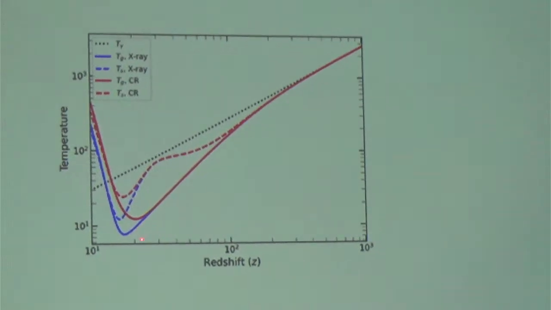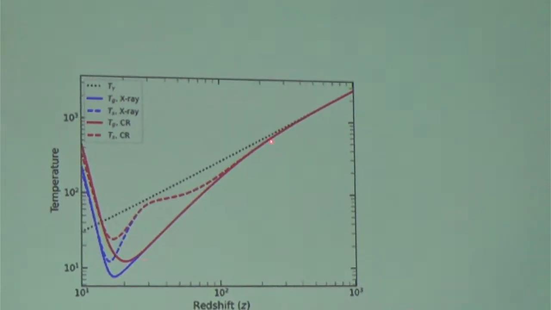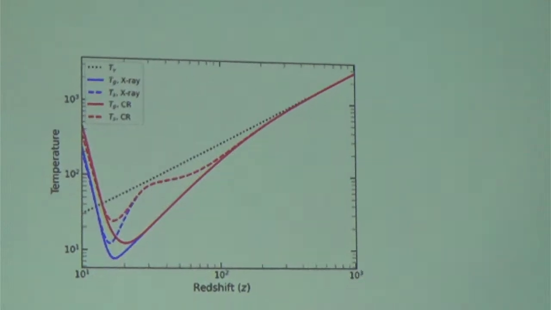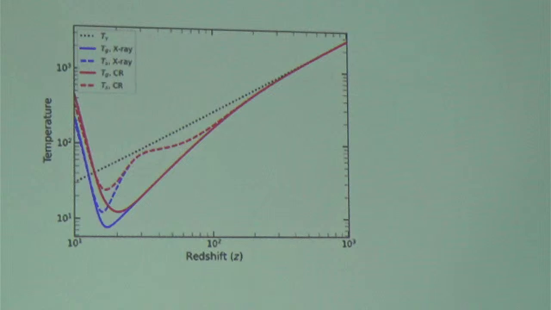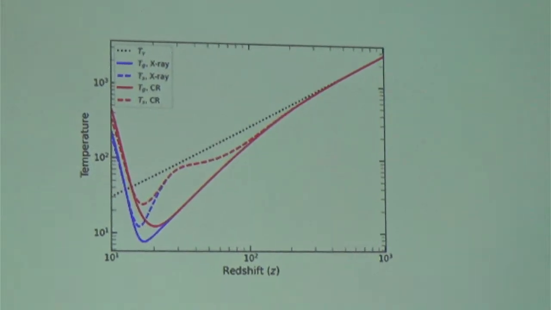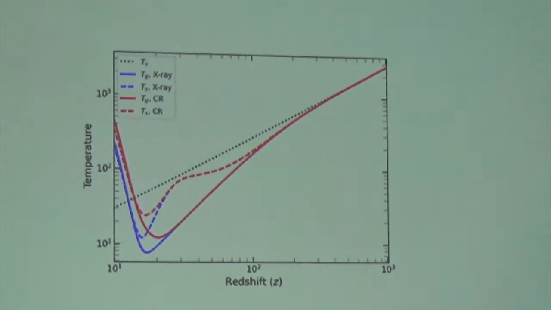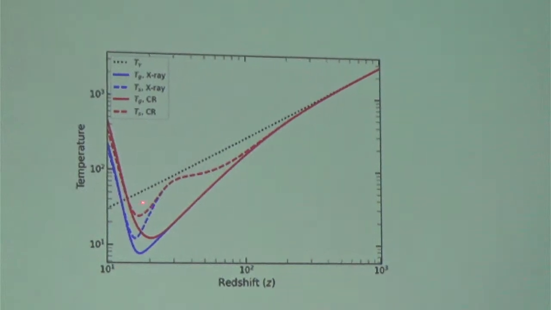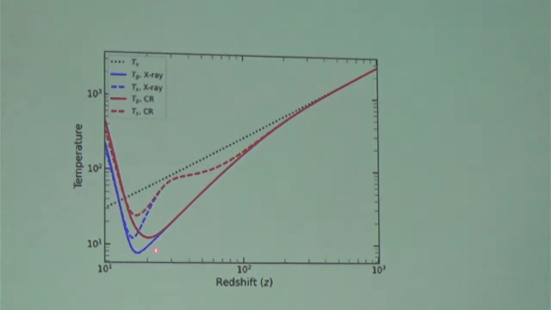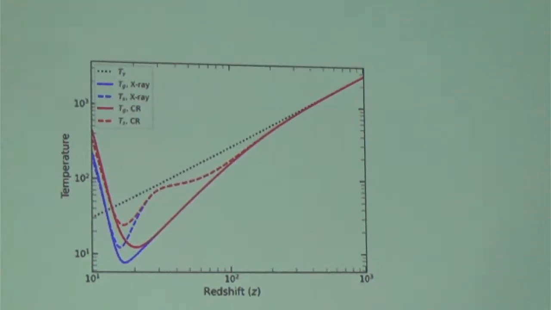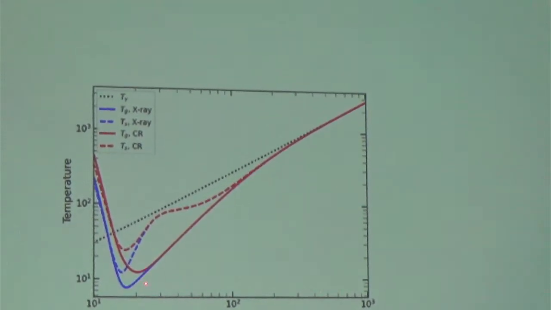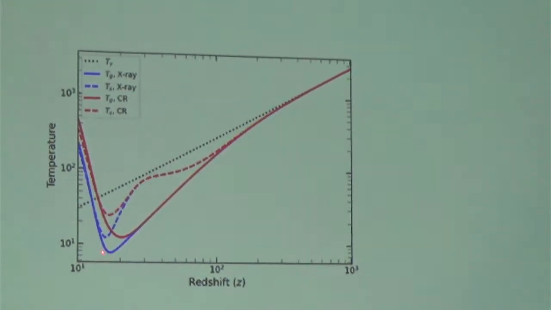Up to redshift 25 or so, they are just following the (1+z)^2 relation. They fall off as (1+z)^2 because there are no sources, no X-rays, so there is no external heating. However, the first sources start to form around redshift 25 or 20, and then they emit X-ray photons, so the IGM temperature goes up.